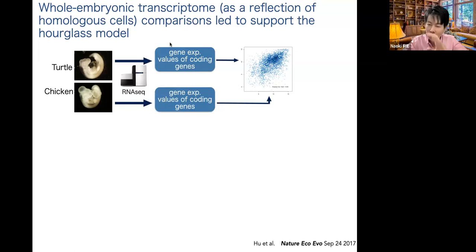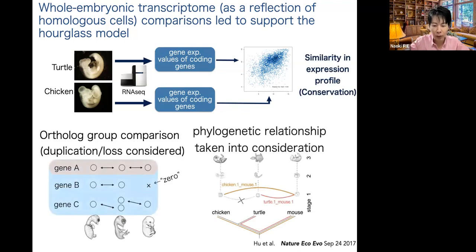My assumption is that the whole embryonic transcriptome reflects a composition of homologous cells between different species or different developmental stages. And we calculated similarity and found mid-embryonic conservation. We also made detailed or minor improvements to our methodology, but let me skip this part.